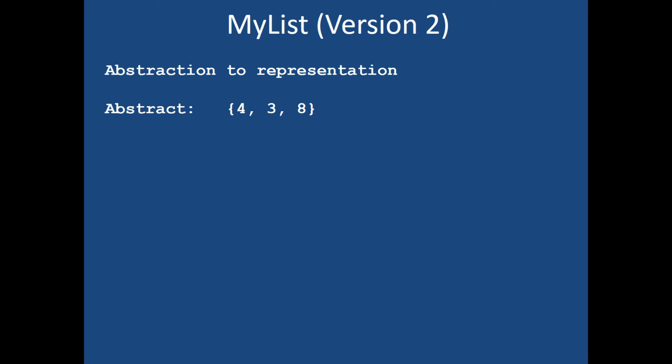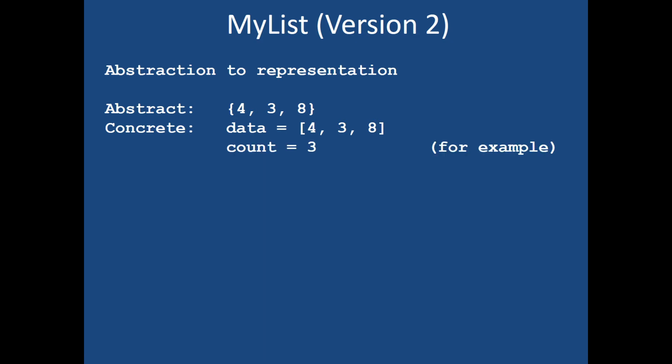It'll start with 4, 3, 8. Might it contain other elements? Yes. But they don't matter. So I just wrote it that way: data 4, 3, 8 and count 3. But it could have been data 4, 3, 8, 7 and count 3. As long as count is 3 and data begins with 4, 3, 8, that's a legal representation.